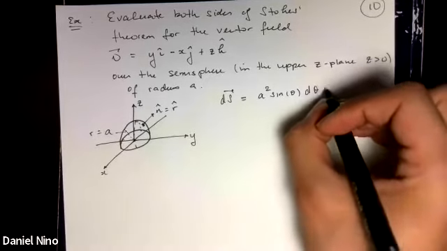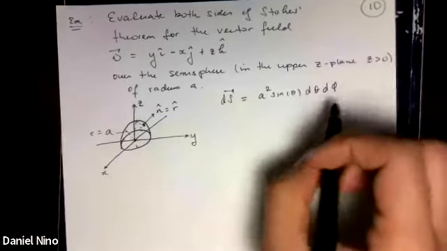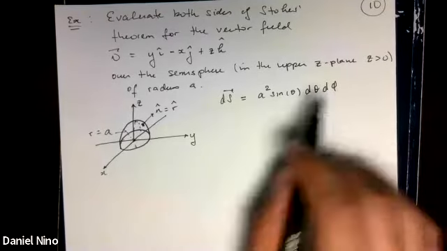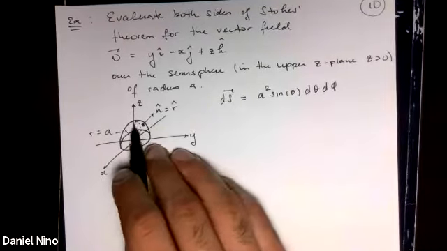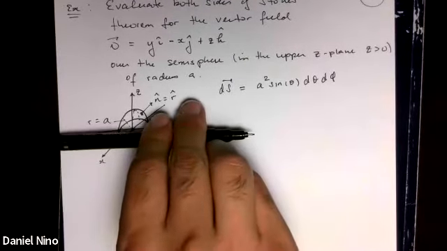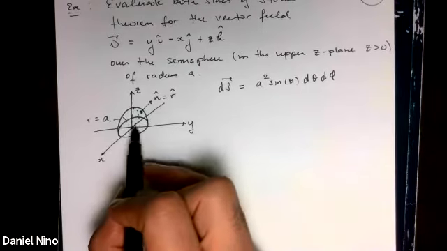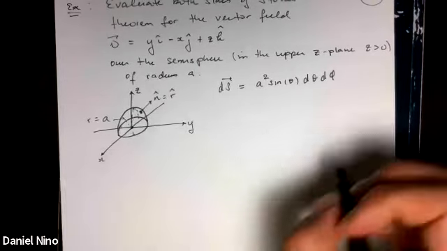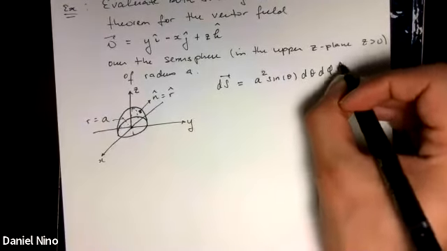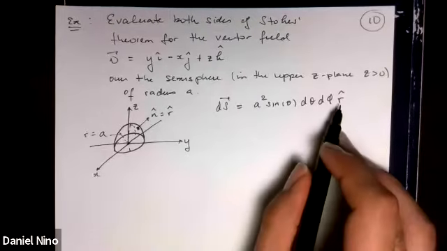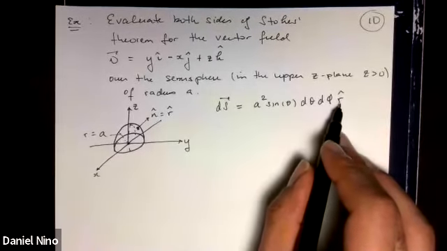And because we're going over the surface of the sphere, the radius doesn't vary, so there's no dr, but we're varying our azimuthal angle from the top to halfway to the other side, and our polar angle across the entire xy plane. And the normal vector to our surface, because it's a sphere, is the radial unit vector, r hat.